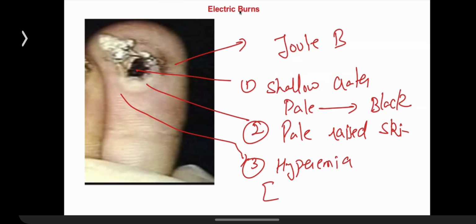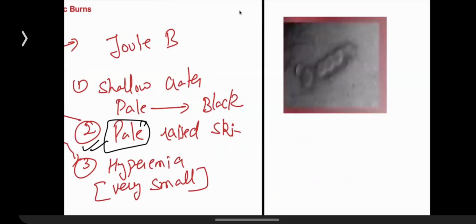This is a very small zone. Mostly the Joule burn is a pale burn. This is a flash burn, and this is a crocodile burn.